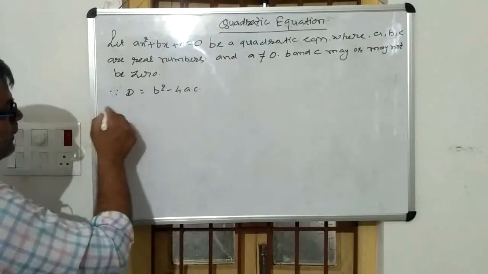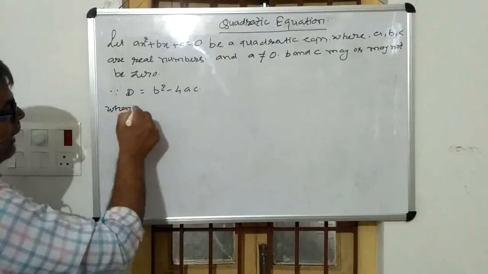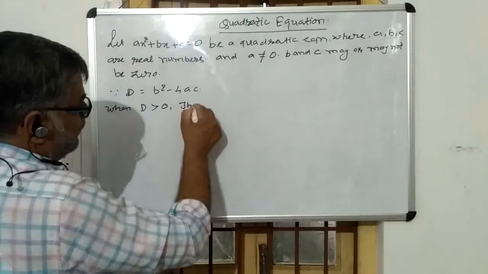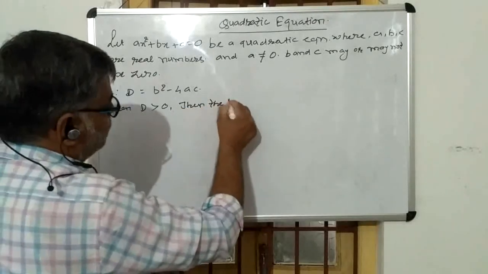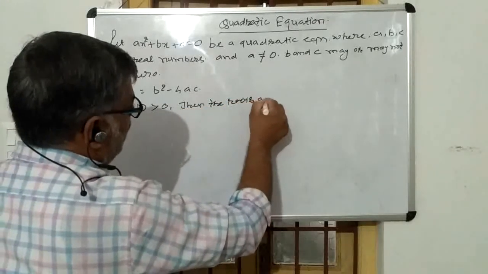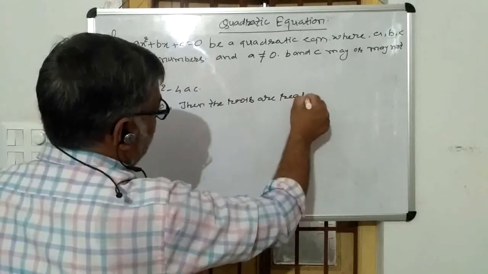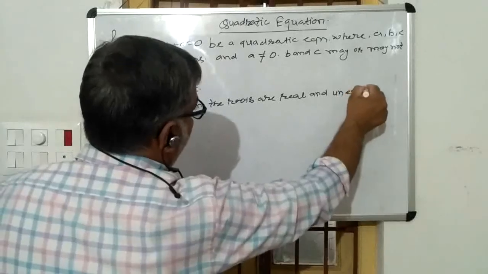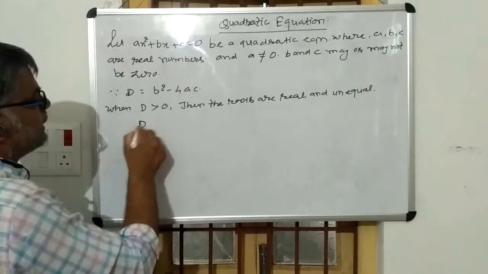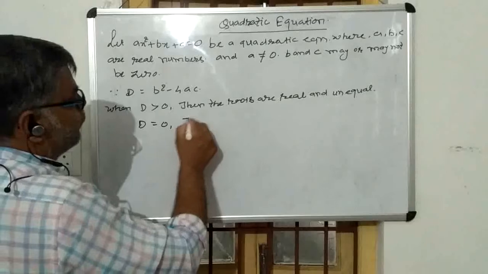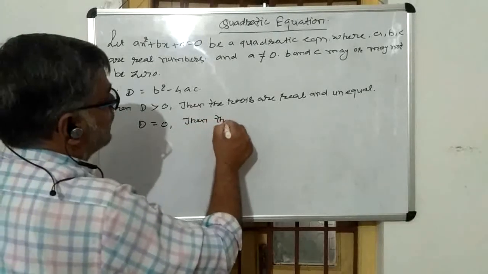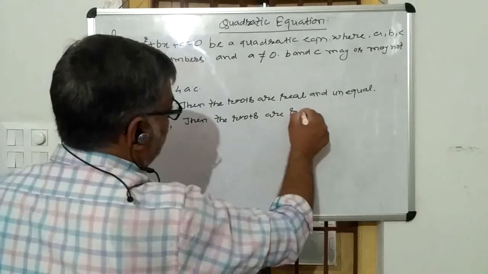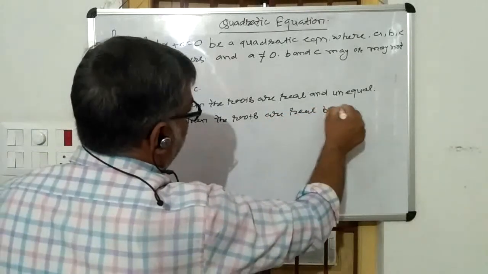So you know that when d is greater than 0, then the roots are real and unequal. And when d is equal to 0, then the roots are real but equal.